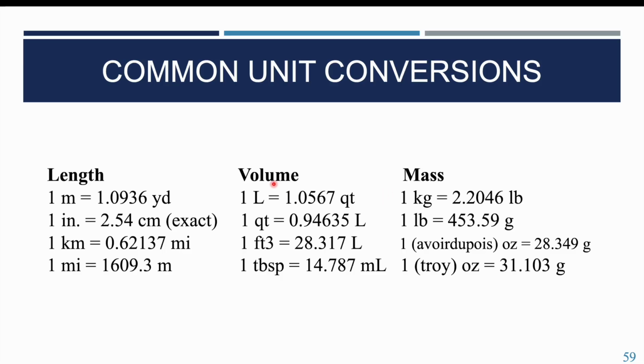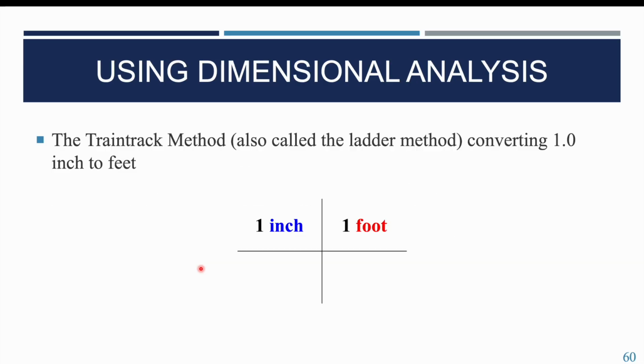The only thing that I would suggest is maybe inches to centimeters. That one's going to come in handy. Maybe kilograms to pounds. Not super important, but it might come up. Everything else, we're going to get to when we get to it.